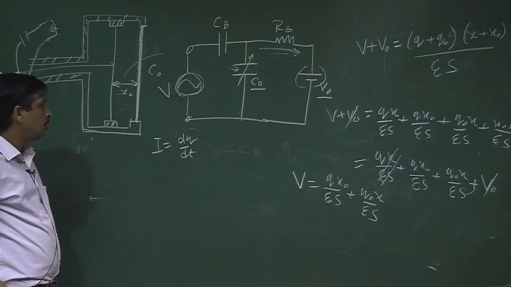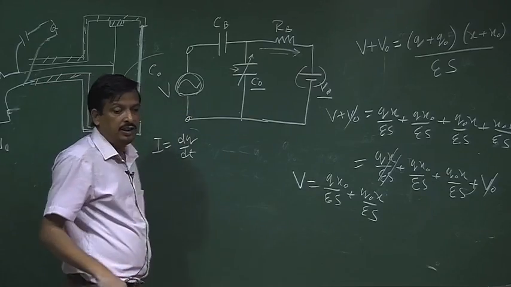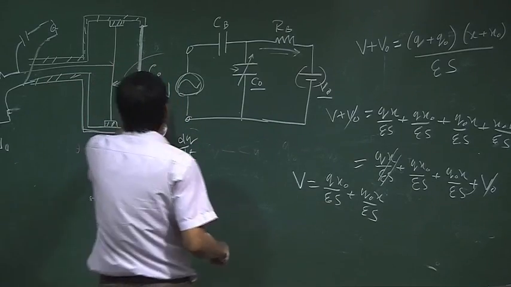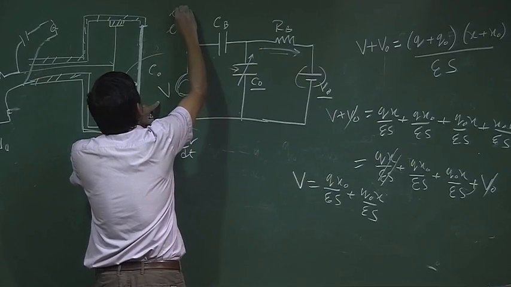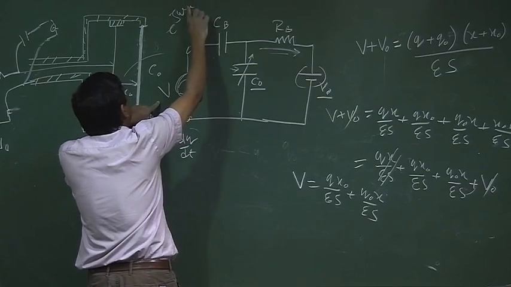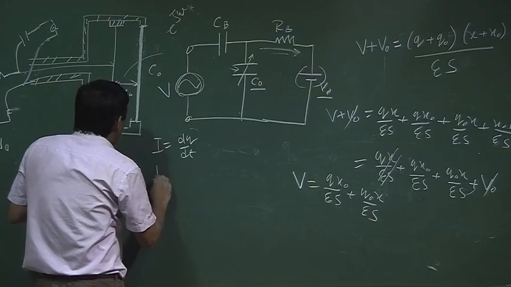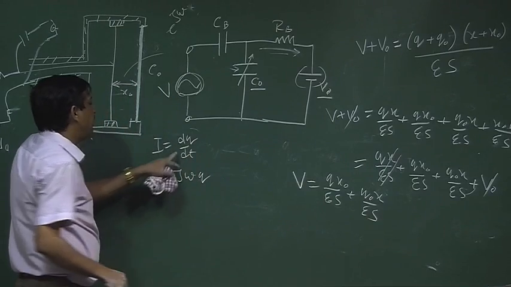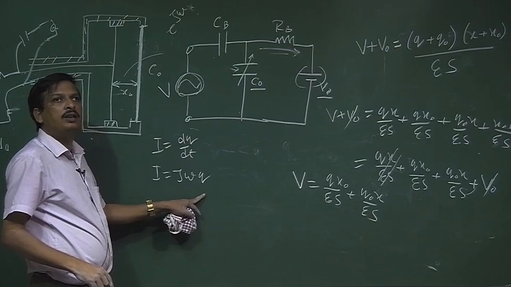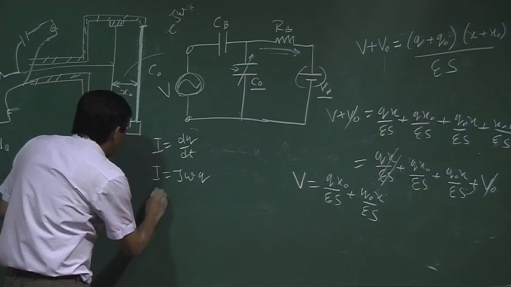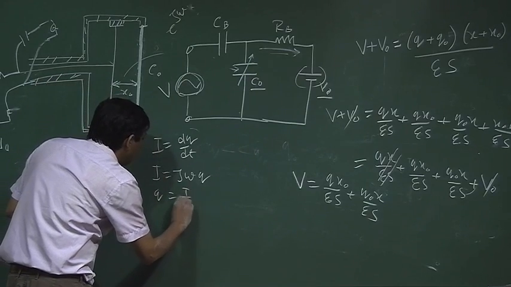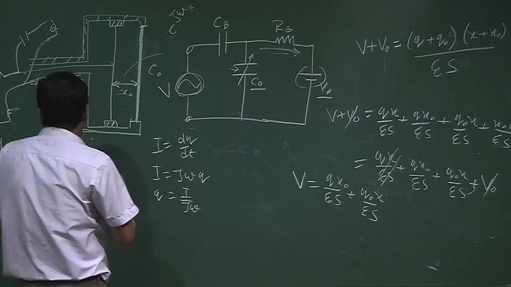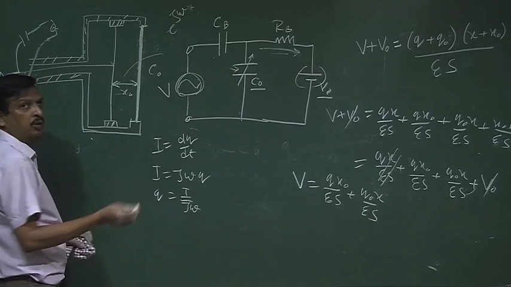So, if V varies in a complex manner, let's say V varies as e to the power j omega t, then I can say I is nothing but j omega Q. So, the d by dt derivative is j omega, and Q is equal to I by j omega.